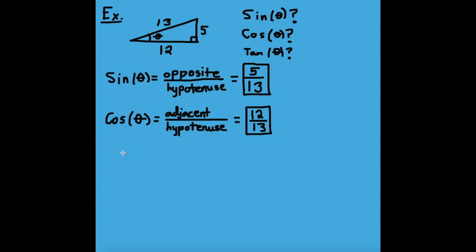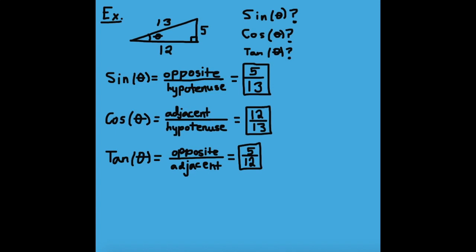Now, what is tan theta? Tan theta equals opposite over adjacent. We reviewed that the opposite is 5 and the adjacent is 12. So tan theta equals 5 over 12.